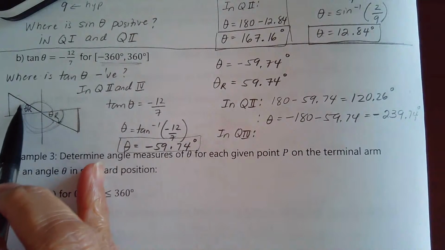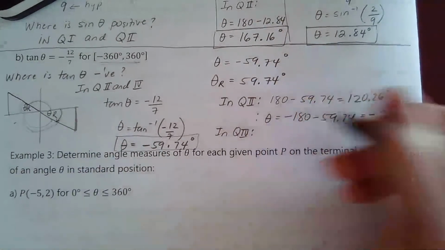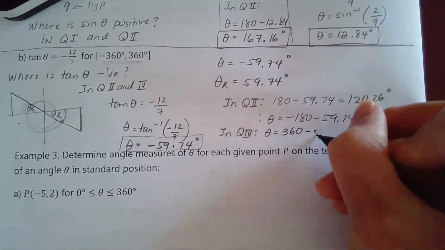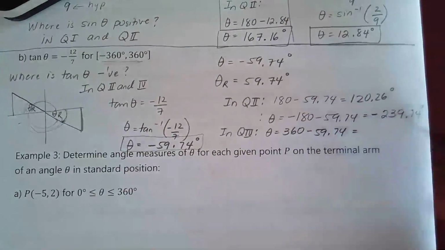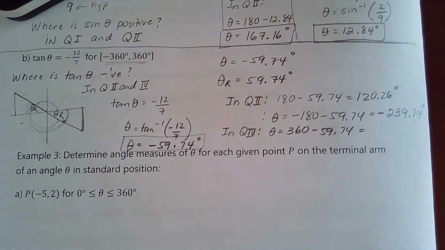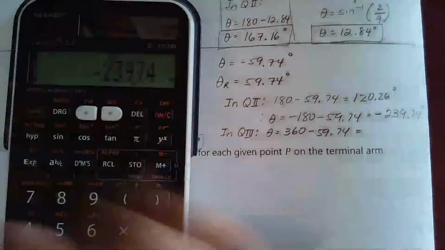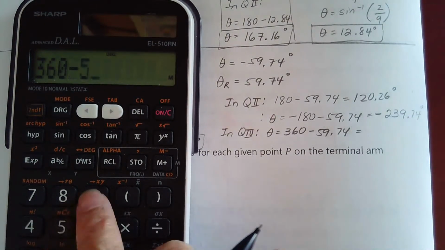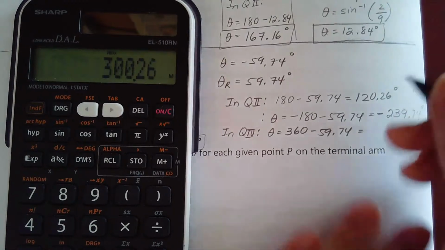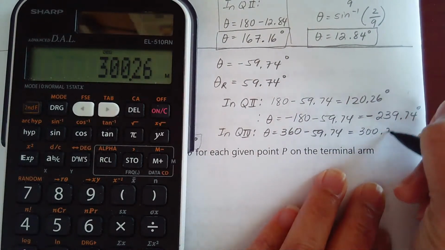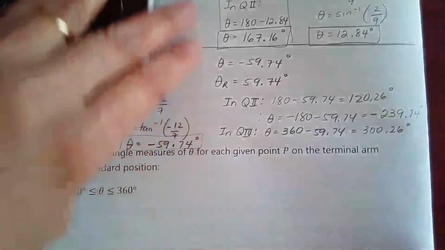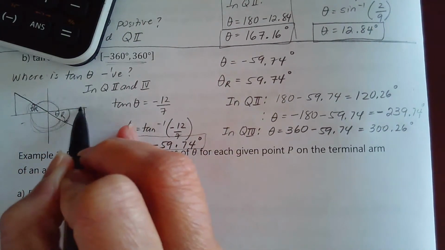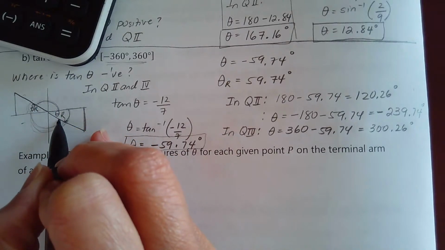If we turn counterclockwise, it's going to be 360 minus 59.74. 360 minus 59.74 gives us 300.26 degrees. So that is turning counterclockwise all the way around from the initial arm.